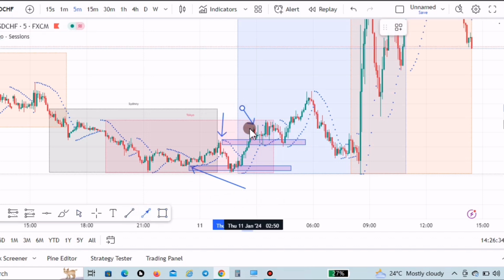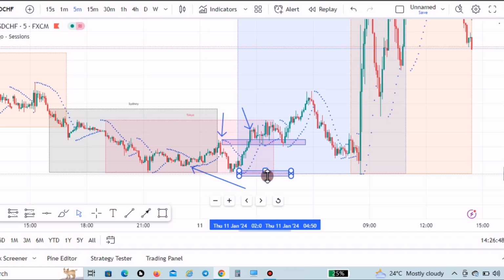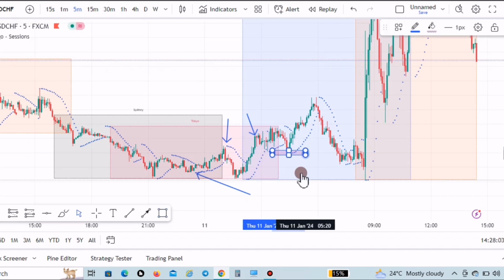So you would have entered a buy trade somewhere there, and then as price was moving upwards, it then gave you that parabolic. So now you look at this one, and as price was moving up, it gave you another one, which was that one.